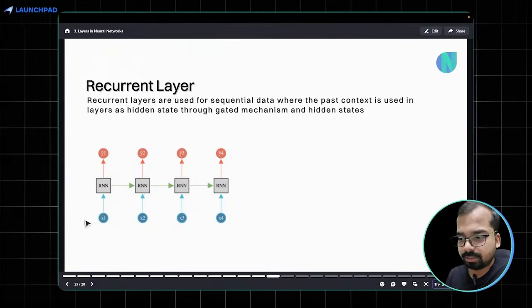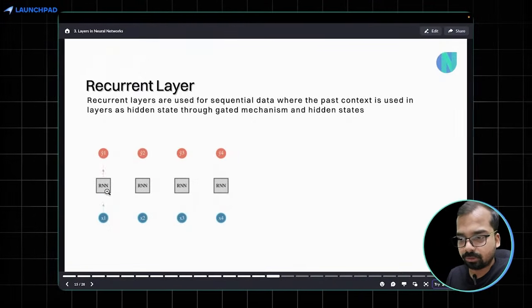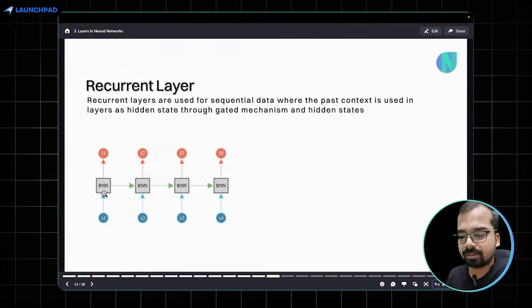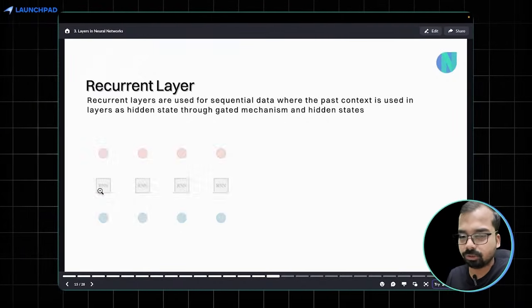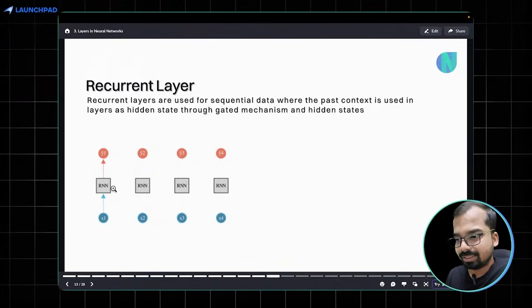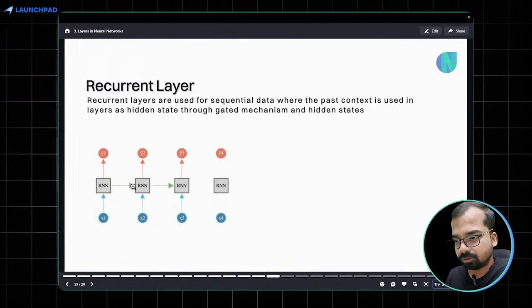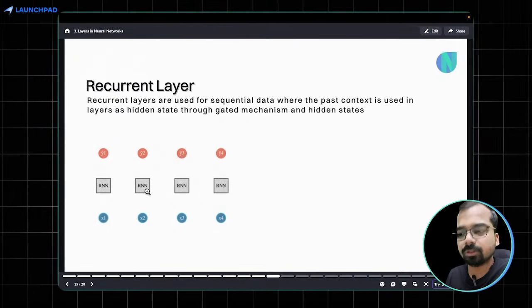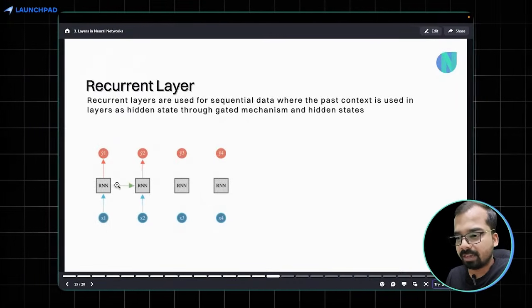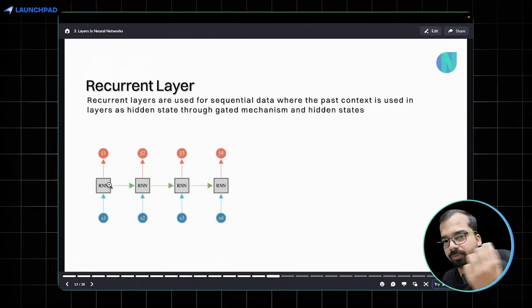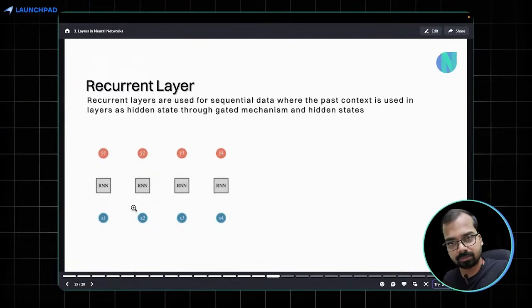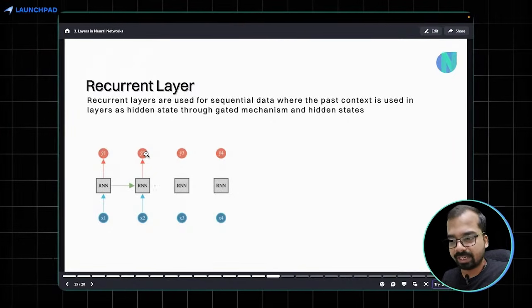Here, if you see, you pass x1 to this and you get some output. Imagine this RNN unit as a neural network. Next time, that output is also passed through the same RNN again, and x2 is also passed. So you have what was the output from the previous time step as well as the current input word, and you again get y2.